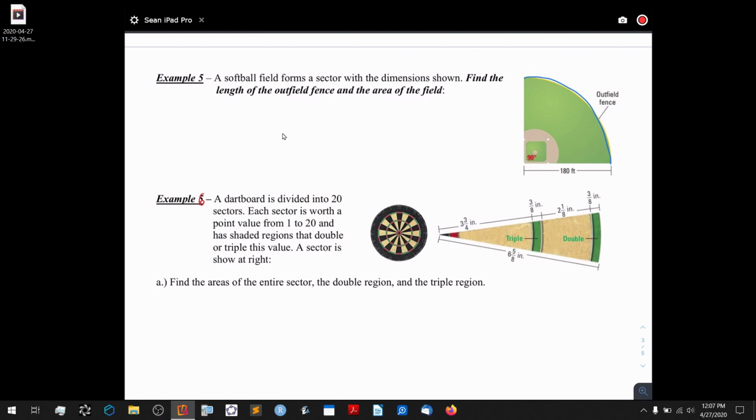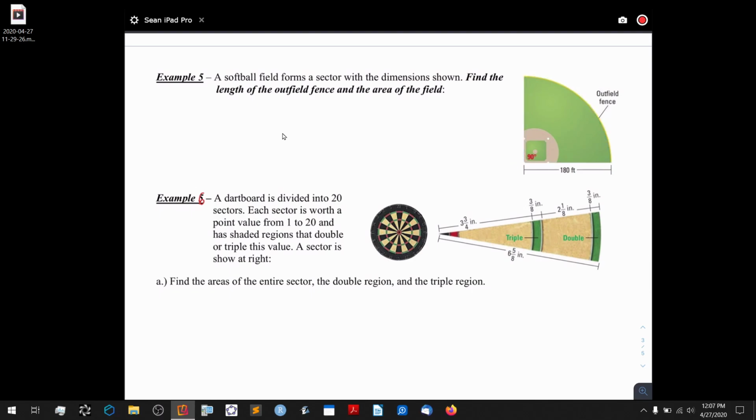You could very easily say, I want to make a little softball field with that size, but then you have to ask yourself, how much fencing do I need? And you don't have time to go back to the store 3-4 times and latch a bunch of stuff together. You just want this exact amount of fencing. Maybe you'll have a little bit more, but you don't want to have too little.